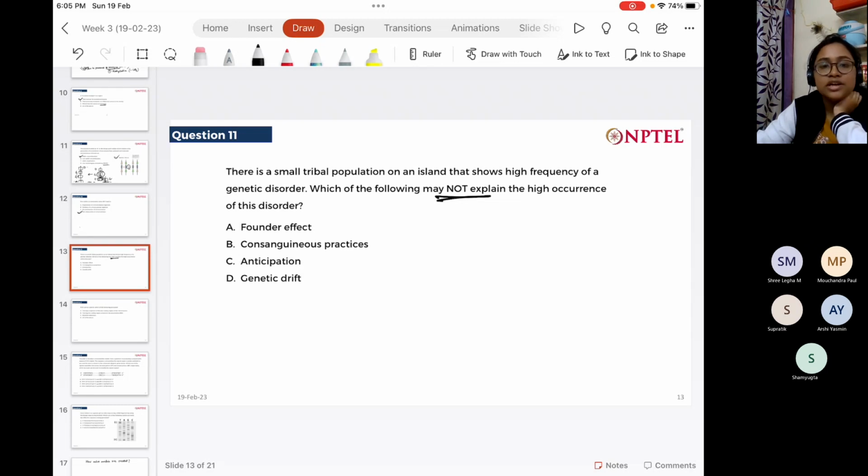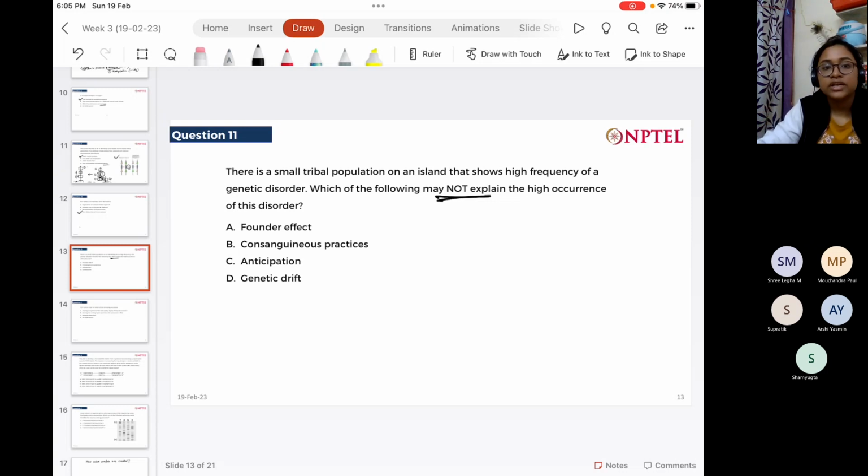So you are guessing genetic drift, thinking that this tribal population are the founders, right? Because they have moved to an island. So genetic drift, as I already explained, it may happen that in that population, whoever brought that particular mutant allele with them from the earlier population, settled on an island where people already existed.